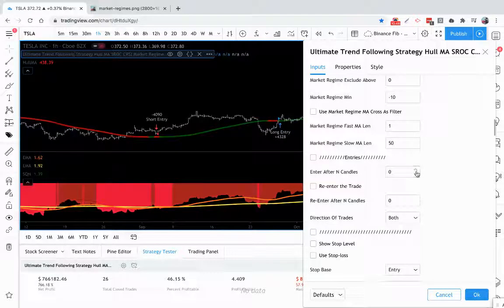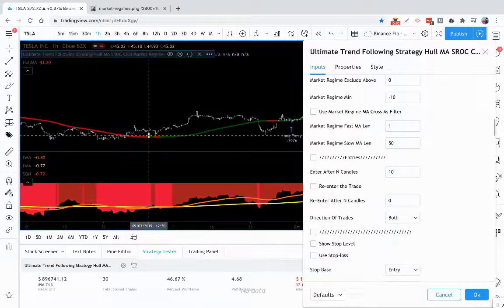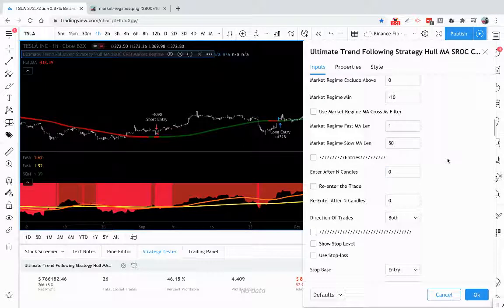So you can actually delay your entry by a certain amount of candles. And for little periods like that, you can actually get rid of those whipsaw periods. You can actually see down here, it greatly enhanced the profitability and the percent profitability and the profit factor of the strategy by doing that. So you can really eliminate some whipsaws by doing that. So you can just test different settings and see what works with what you're trading.